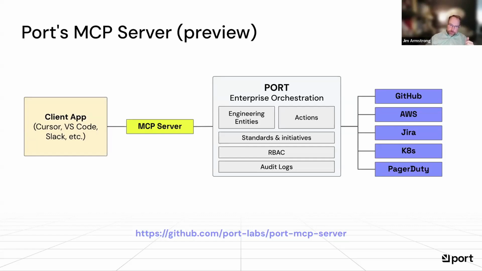And so all of those things are built in. And so Port really becomes this nice central control plane for how these actions can run and what data can be used. And all these different tools that folks are using now have a nice, easy way of interacting with that through Port.